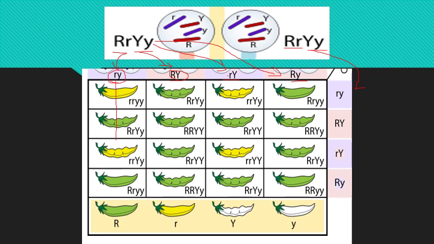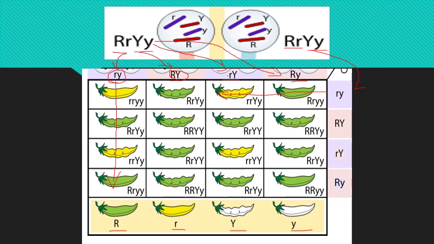So these ones go down, and these ones go across. But instead of just having the color, you've also got, say, your shape. So instead of just having green or yellow, you also have bumpy or smooth, for example.